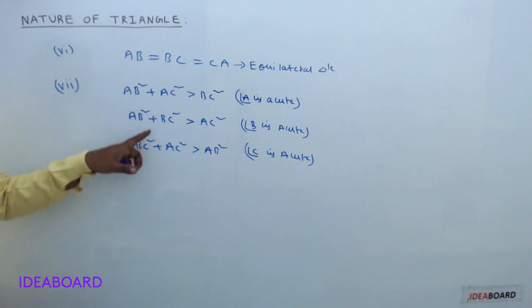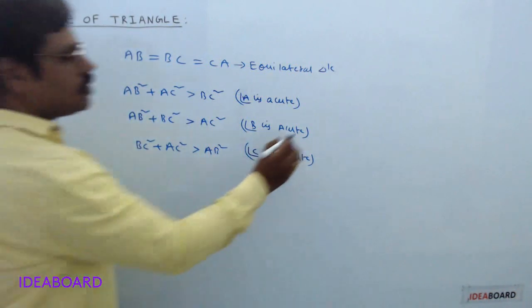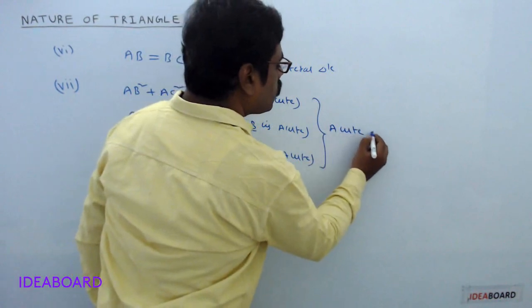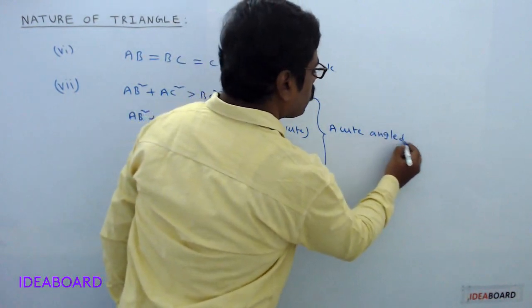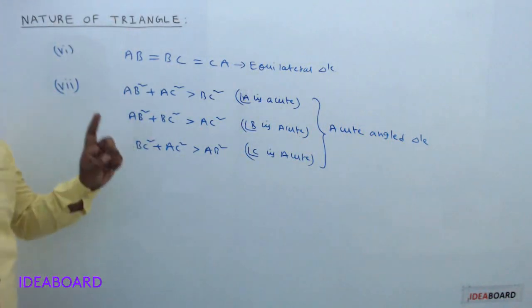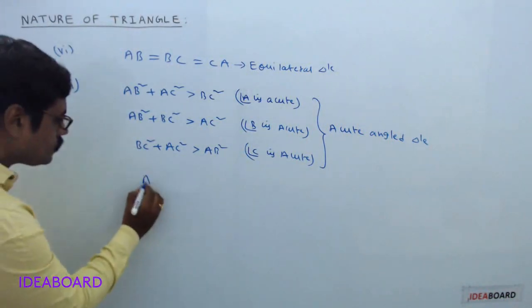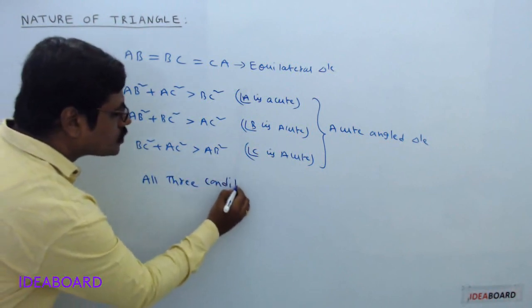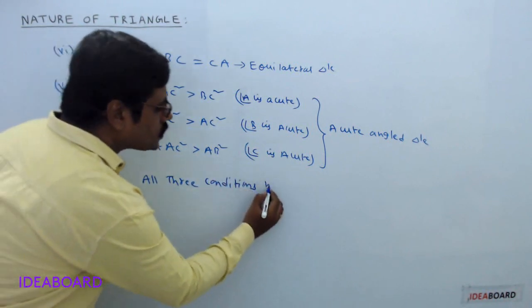If all these three conditions are satisfied, then the triangle is said to be an acute angle triangle. All three conditions must be true.